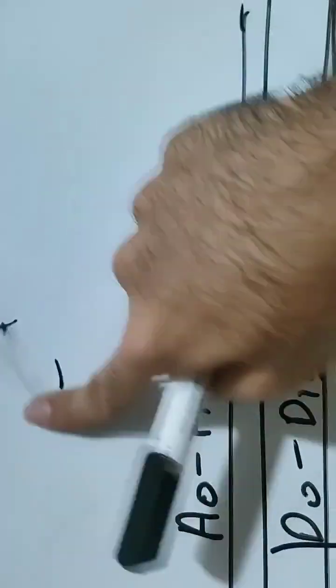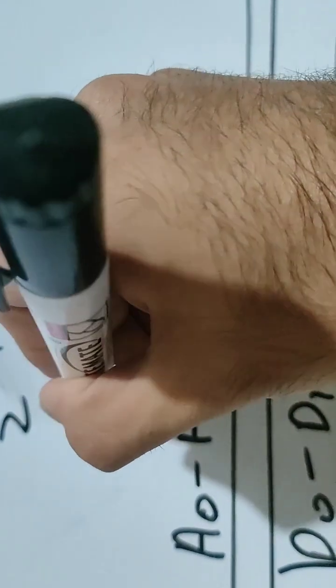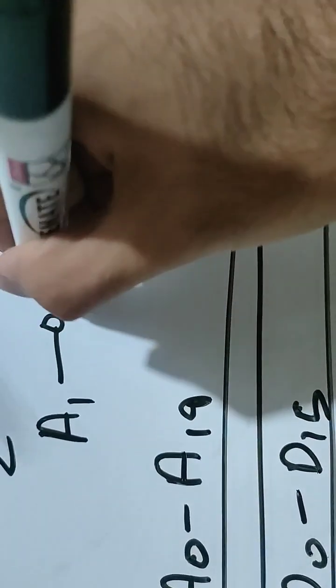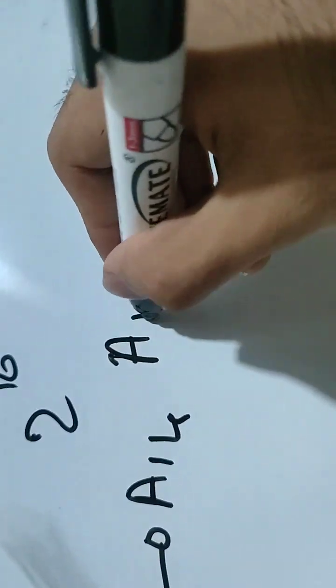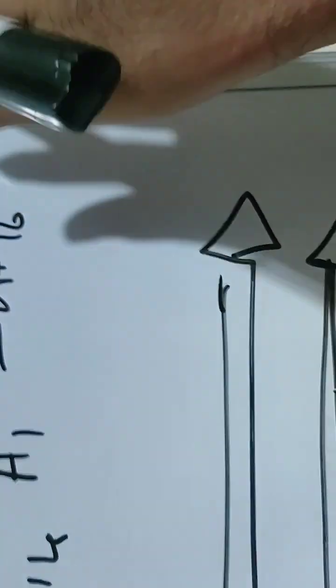Because remember, we did 2 raised to 14 before. So you could just remember it as, if you did 2 raised to 14, then we'll have address line 1 to address line 14. If you did 2 raised to 16, then we would have address line 1 to address line 16. Just a short trick to remember.